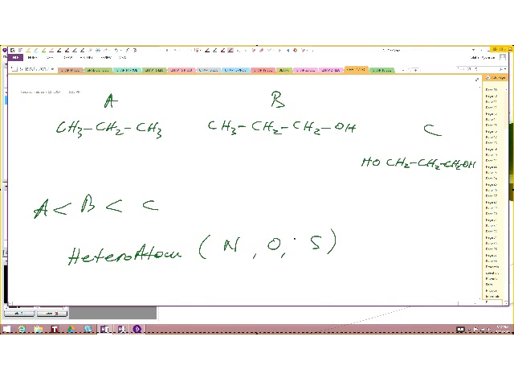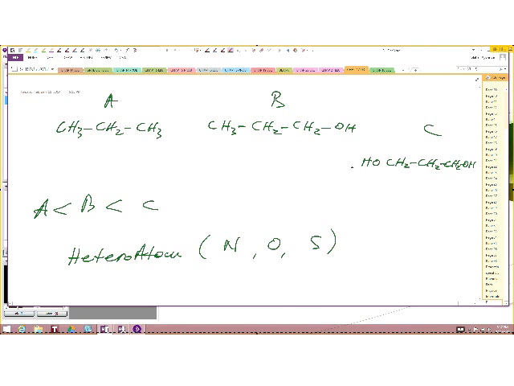Anytime you have hydrogen attached to any one of those atoms, there is a possibility of hydrogen bonding. And as such, you expect that the boiling point will be higher than that of a comparable molecule that does not have similar hydrogen bonding. Okay, so that's all we are going to say about the intermolecular attractive forces.